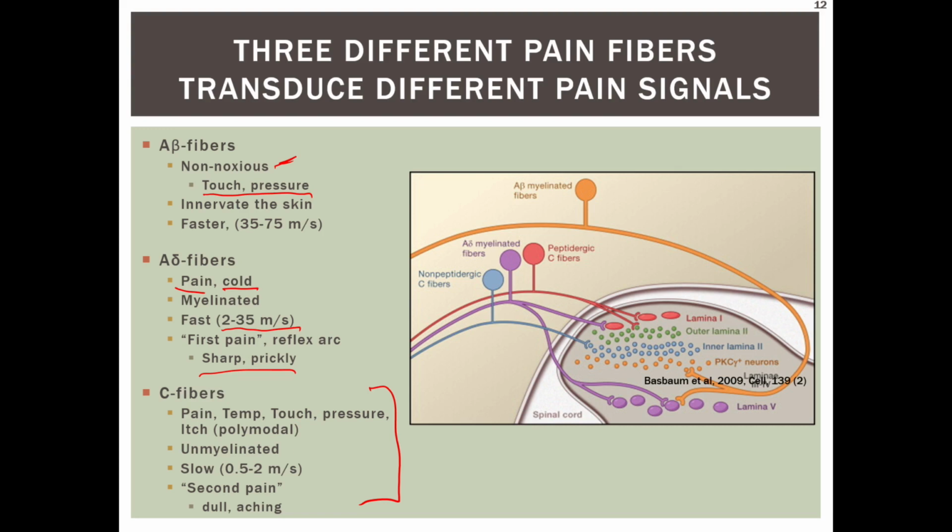These fibers are unmyelinated and their conduction is slower, and they're really responsible for what we'd call the second pain, that dull, aching, nagging pain that persists. And so the 3 fibers, A-beta, A-delta, and C, all play an important role in conduction of sensations from the periphery into the spinal cord and ultimately into the brain.